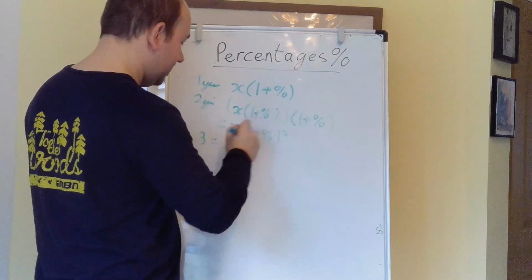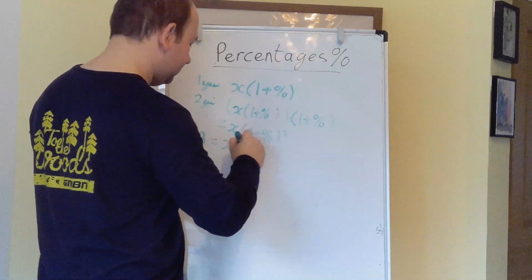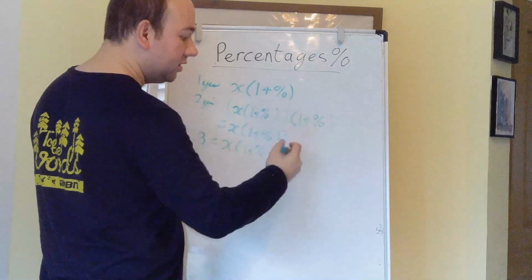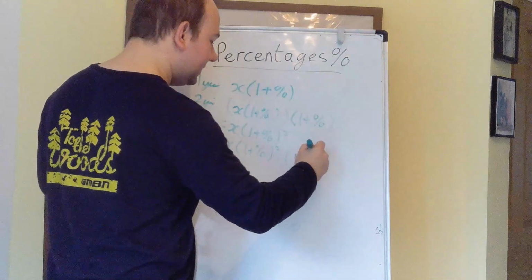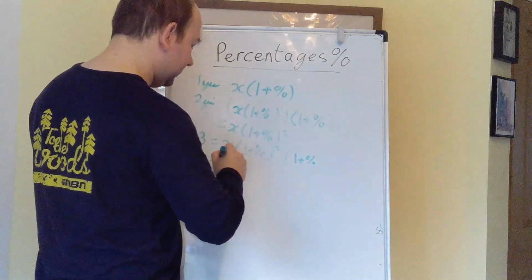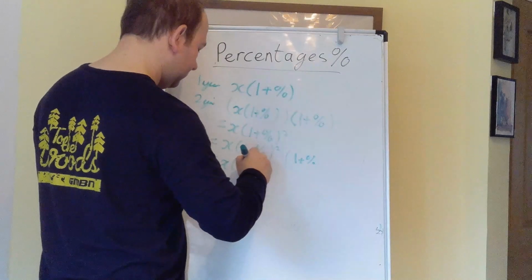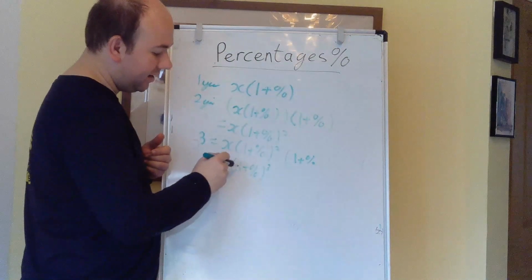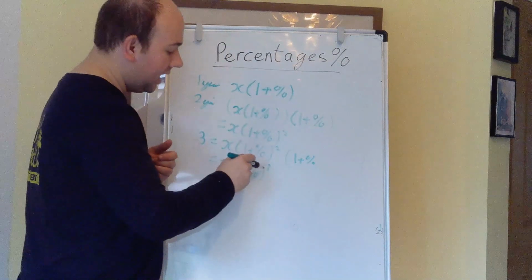After 3 years, you take this value and you multiply it by 1 plus the percentage, which is the same as x, then in brackets 1 plus the percentage, cubed.